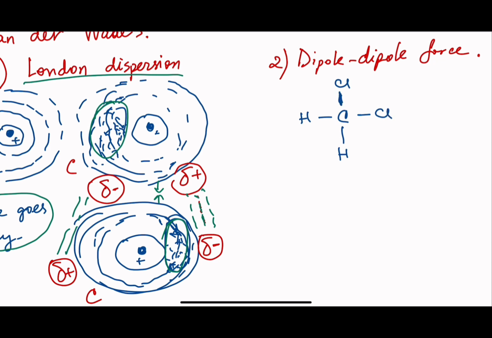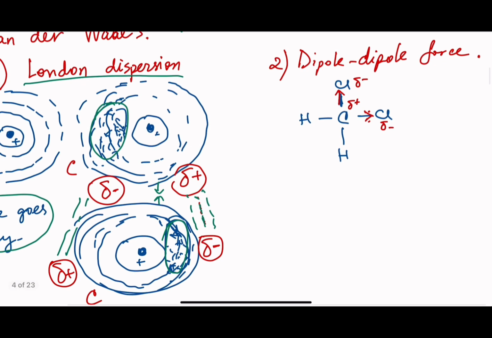In this case we know that chlorine is more electronegative, which makes this chlorine partially negatively charged and makes carbon partially positively charged. Chlorine is bringing electrons closer to itself, making it negatively charged, and then carbon is positive.